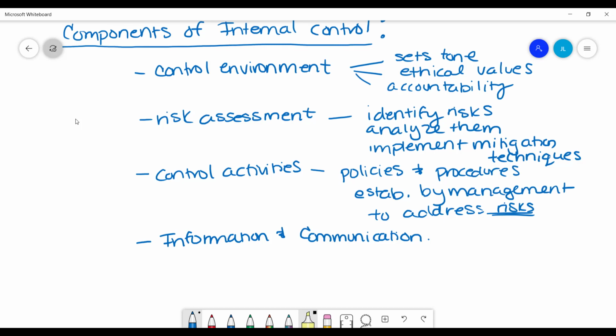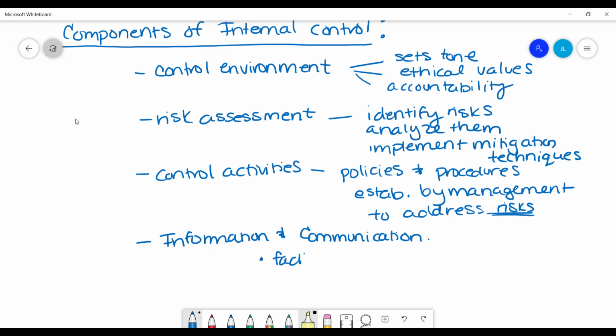Okay, so what's important for purposes of internal control is for a company to be able to capture both internal and external information, right? But it's one thing to capture that information, and it's another to actually communicate that. So it's important for the flow of information to be facilitated by an organization.